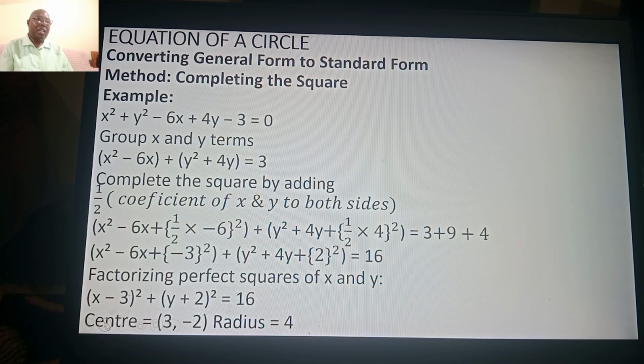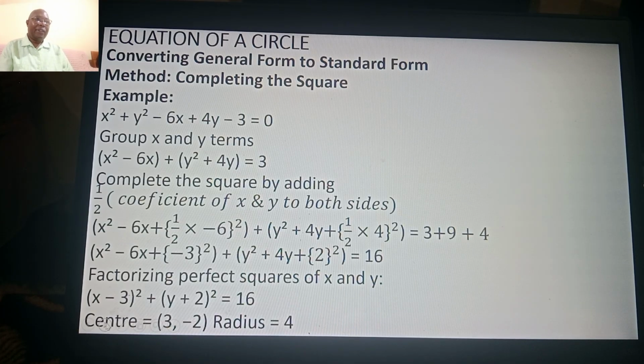That is the first step when completing the square. So you have x squared minus 6x plus y squared plus 4y is equal to 3, when we take 3 to the other side. Completing the square by adding half the coefficient of x and y, squared, to both sides.